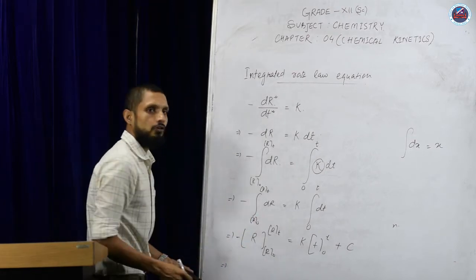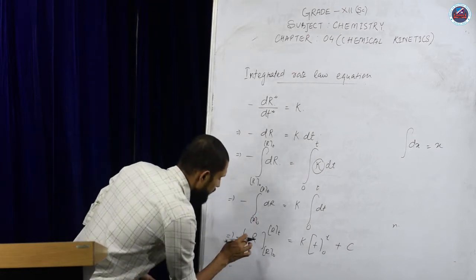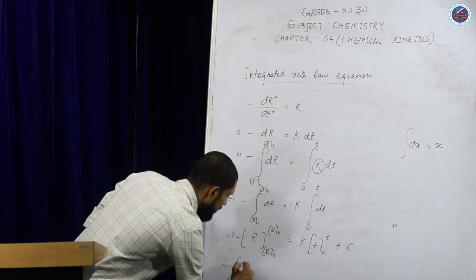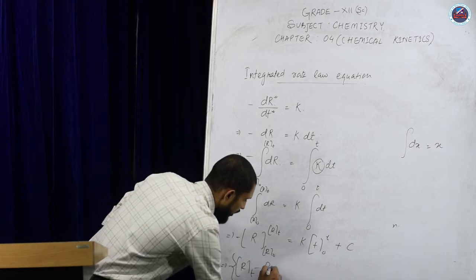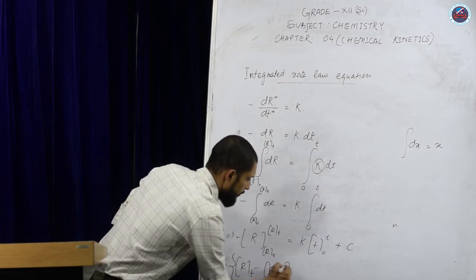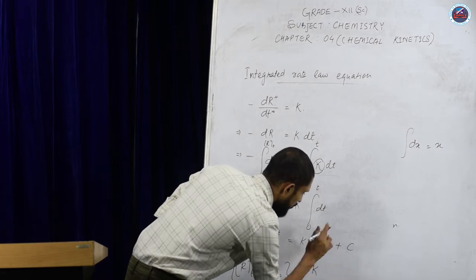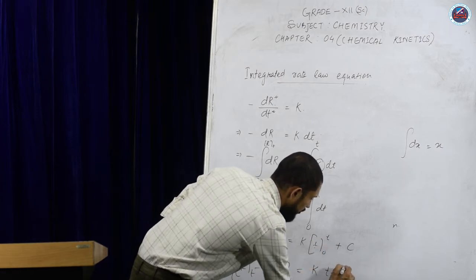So we'll put the value of the limits. So first R equal to RT, that is upper limit, minus R is equal to R0, that is lower limit, is equal to K, t equal to t minus t equal to 0.